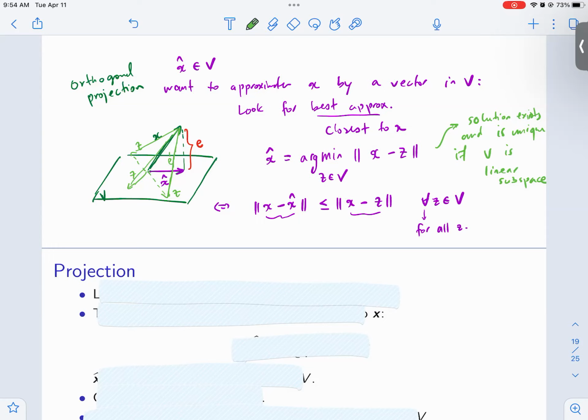And in this case, it's going to have a very intuitive characterization. So there's an equivalent characterization that I can use to specify the projection. So what is that intuitive characterization?